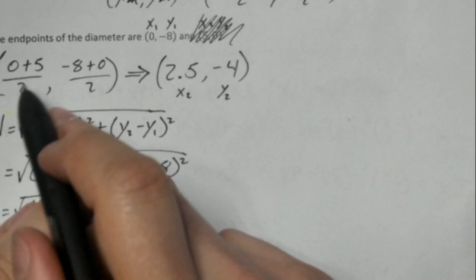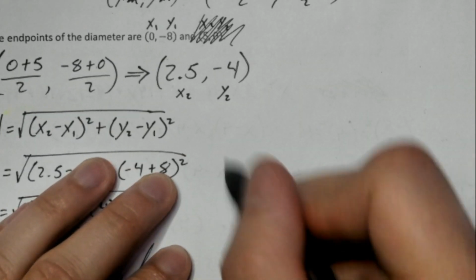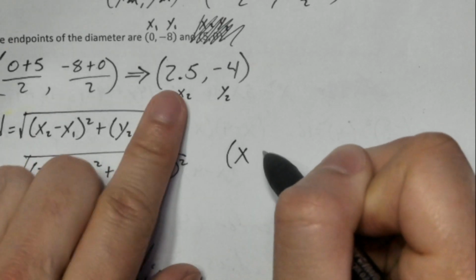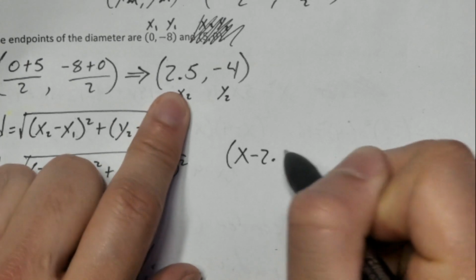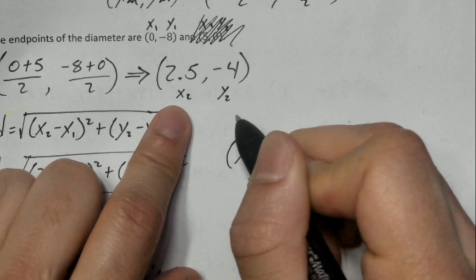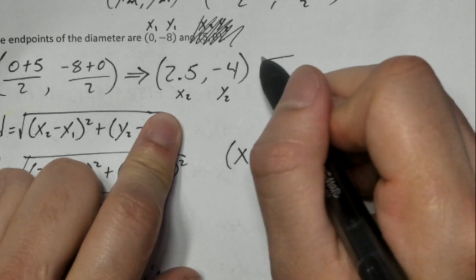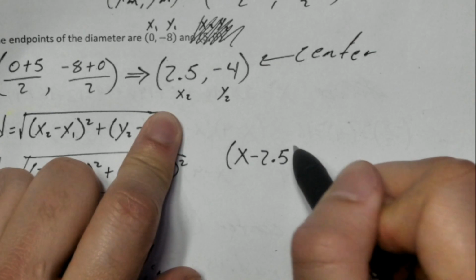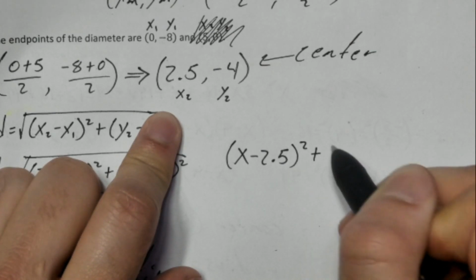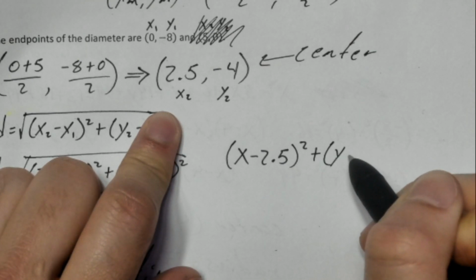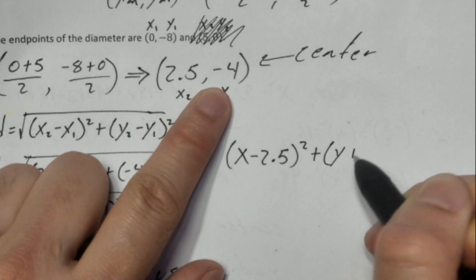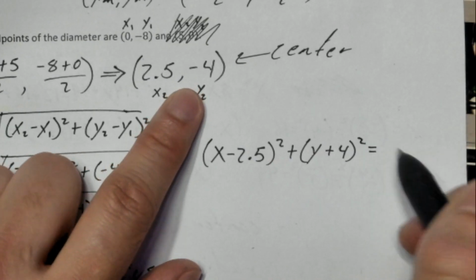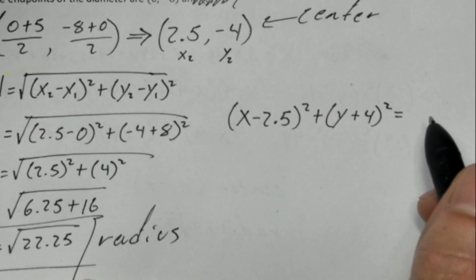So my equation for this problem is going to be x minus 2.5, because this point is the center, squared, plus y plus 4 squared equals, remember right here is the radius squared.